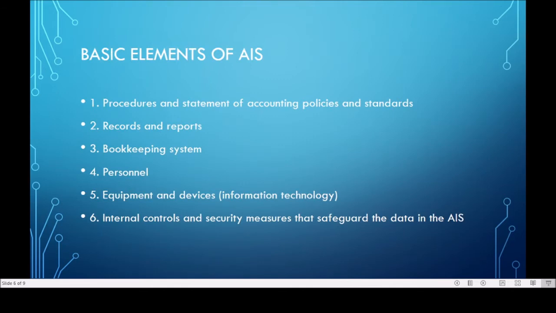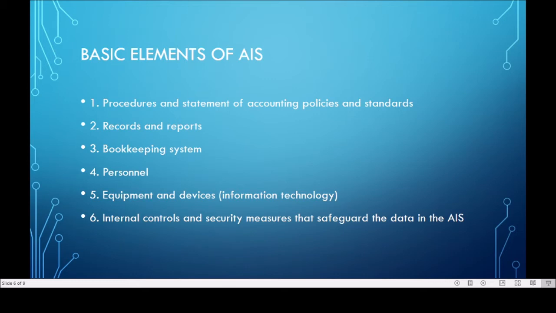Next, basic elements of accounting information system. An accounting information system shall include the following. First, procedures and statement of accounting policies and standards.